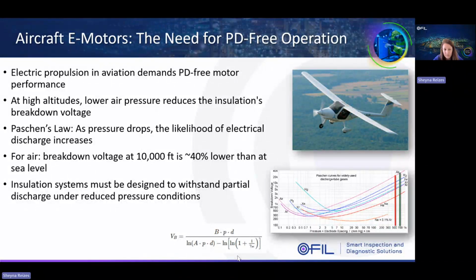So in air, as you can see here in this graph, the breakdown voltage at 10,000 feet is approximately 40% lower than at sea level. So that's why insulation systems must be designed to withstand a partial discharge under those reduced pressure conditions.